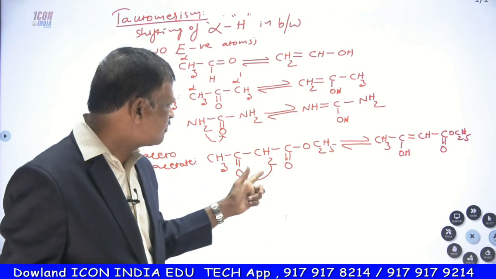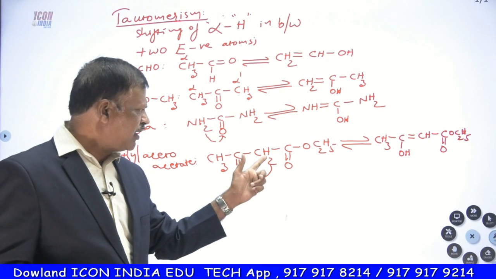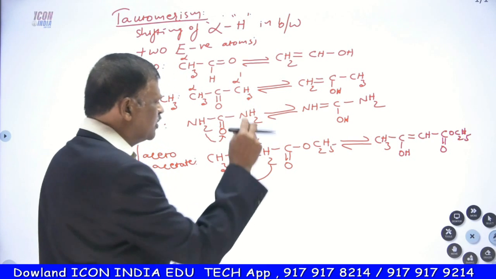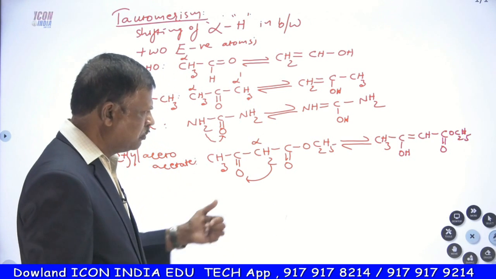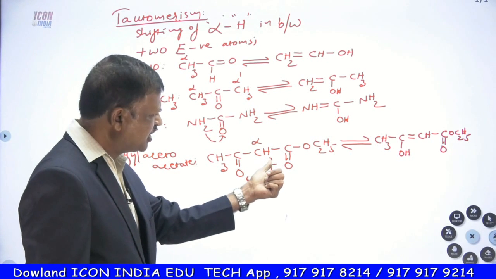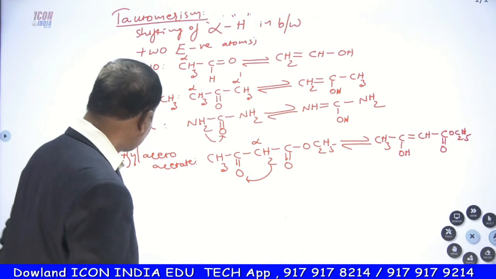That is the reason I purposely shifted alpha hydrogen from CH2, not from CH3, because this hydrogen is more easily replaced, more easily released.